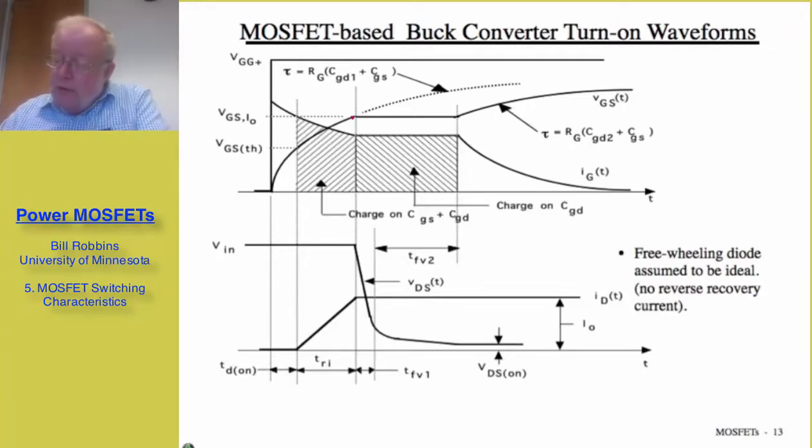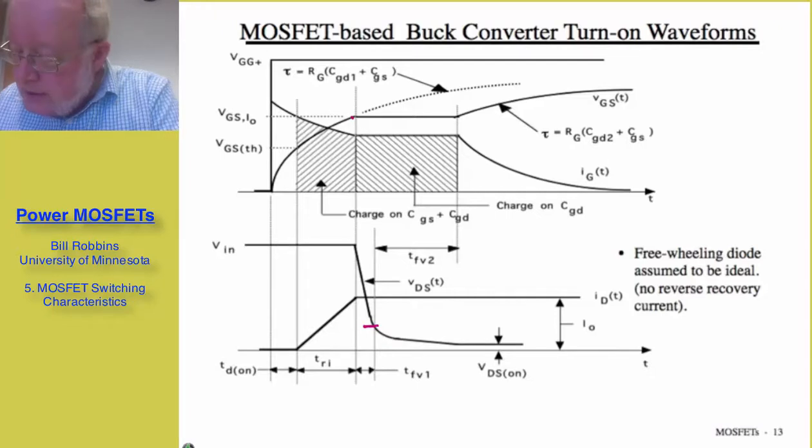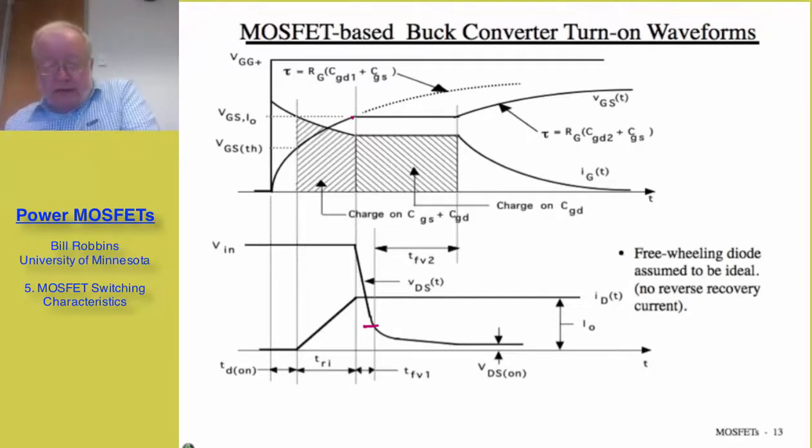Initially, it's going to go with a very fast transient, a very steep slope, because we have a fairly small value of gate to drain capacitance. At some point, and one would have to look on the spec sheet to find exactly what that drain to source voltage is, after this time interval t_rv1, we have to take into account the fact that that capacitance, gate to drain, has gotten much larger.